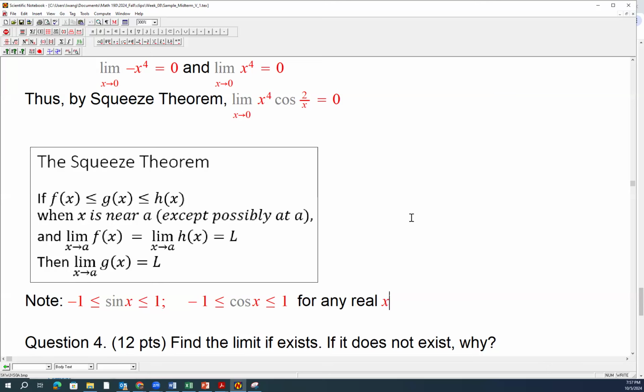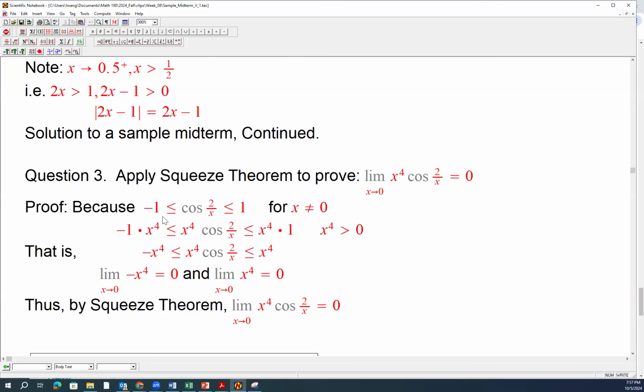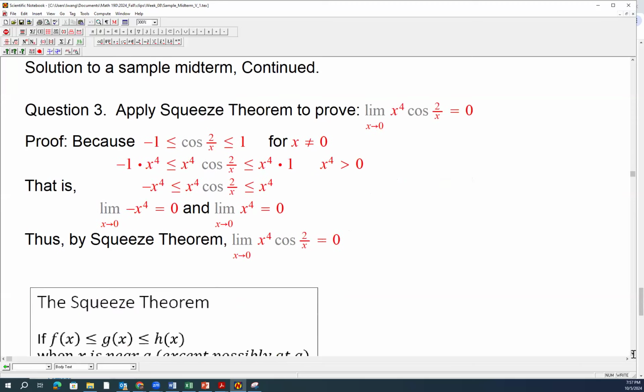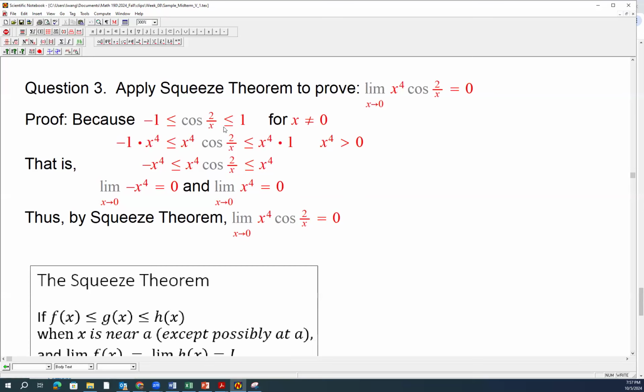In our case, we use this fact. The domain of the function is x not equal to 0. That's why we mentioned that for x not equal to 0, this will be true. And when we multiply x to the power 4 on every side, we want to mention that x to the power 4 is positive.